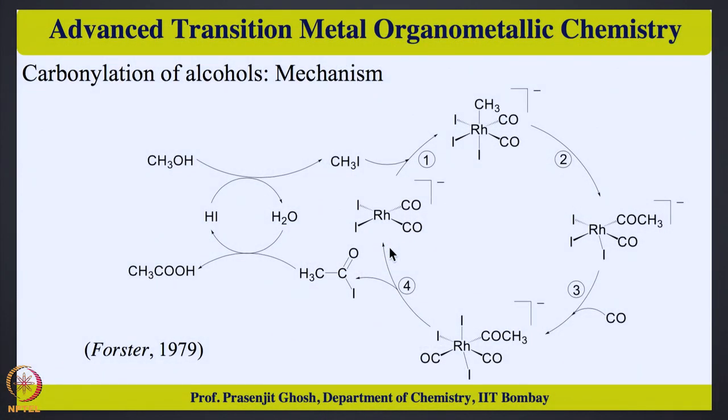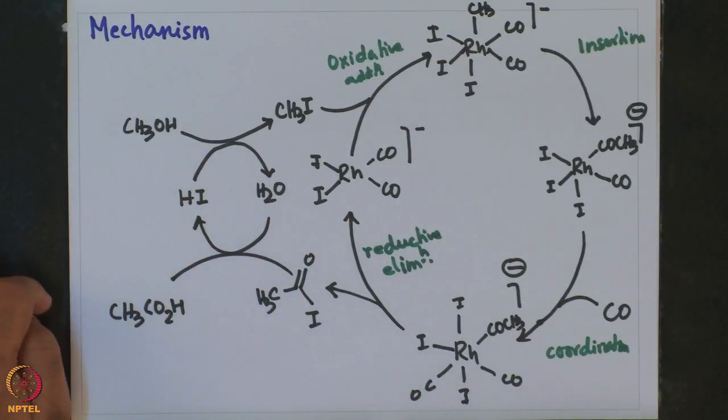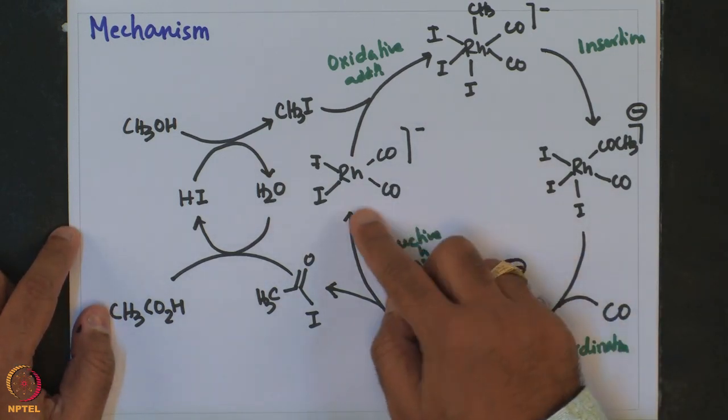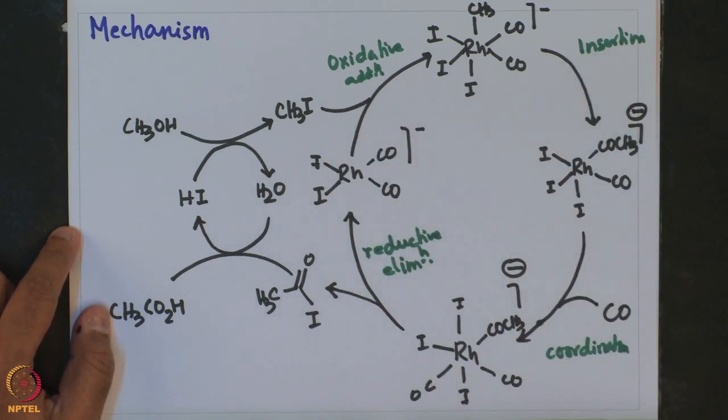two catalytic cycles. Actually, the first one is the conversion of HI to water and subsequently back, and the other catalytic cycle involves the oxidative addition on a rhodium 1 species by methyl iodide, followed by carbon insertion in the rhodium methyl bond, followed by CO coordination to the rhodium, and then subsequently reductive elimination to give CH3COI, which gets hydrolyzed by water to produce acetic acid.